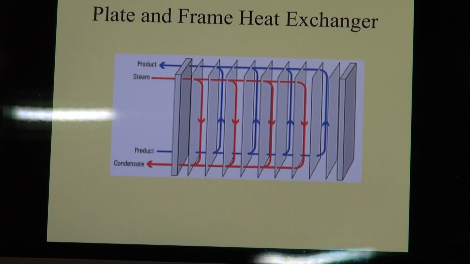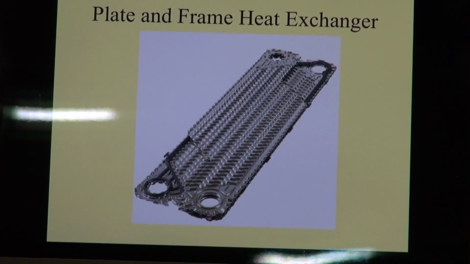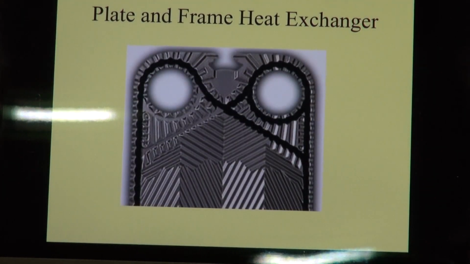The hot stream and the cold stream, the hot stream and the cold stream, etc. There you can see how some of these plates are being bent and the different types of channels. You can see some more detail on it, and you'll see the seals there, the packaging, which are also quite complicated to ensure that the streams do not mix.